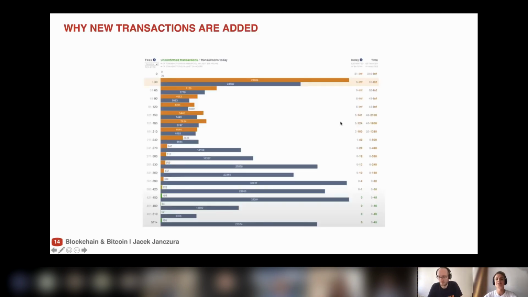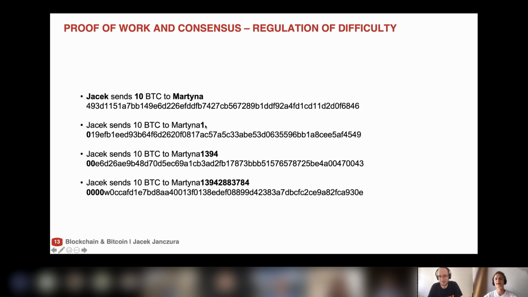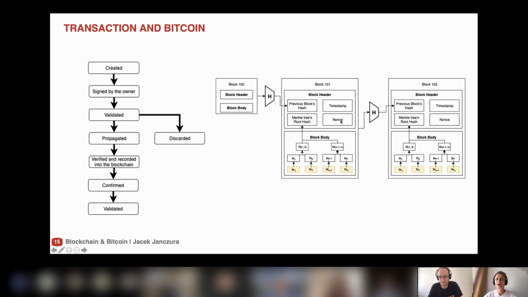Nonce is this number at the end that you somehow guess to obtain those zeros in the hash. And you've got a Merkle tree root of the transactions, which means you've got transaction 1, transaction 2, up to transaction 2000. You hash them, you hash the hashes, you hash the hashes, and you've got the root hash of those hashes.